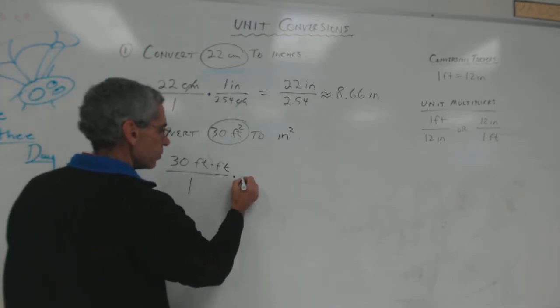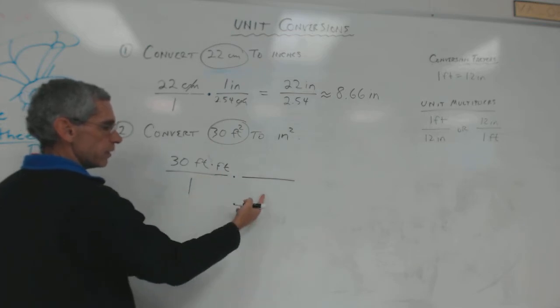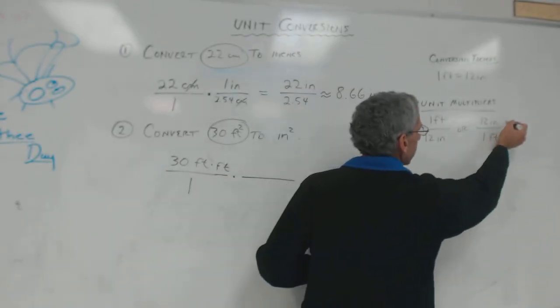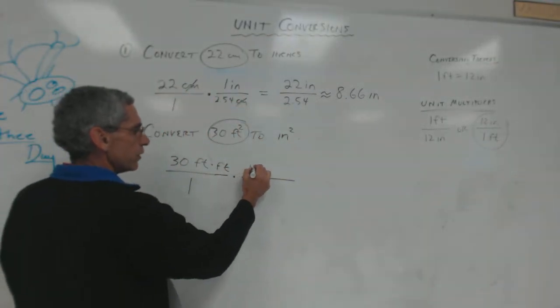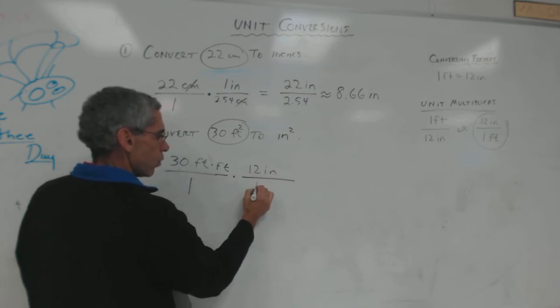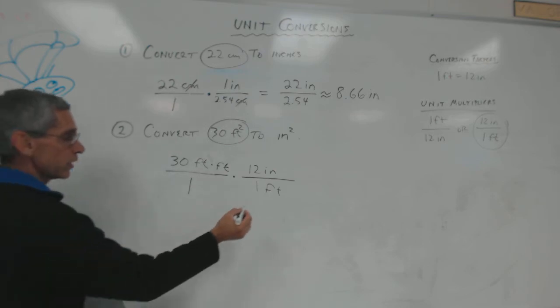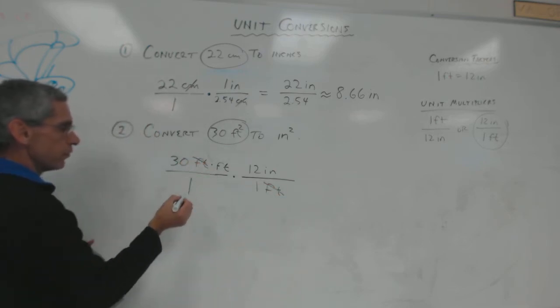So then I'm going to use my multiplier, and what do I have to do downstairs to get rid of my feet? I have to have feet downstairs, so I've got to use this one. You guys all with me? Yes. Totally. Okay, so we've got 12 inches over 1 foot. This is the fun part now, guys. We get to cross out that foot, and we only get to cross out 1 foot.